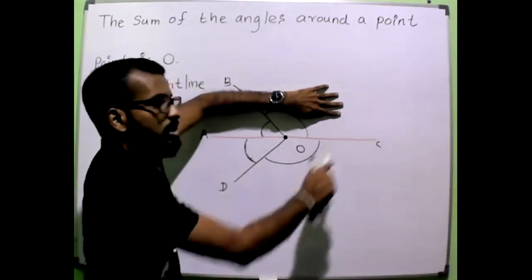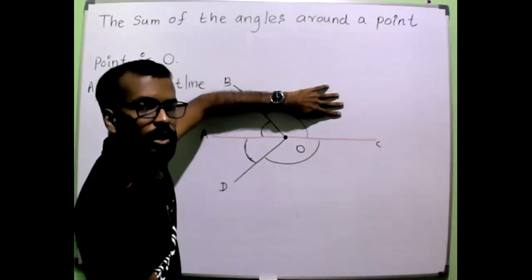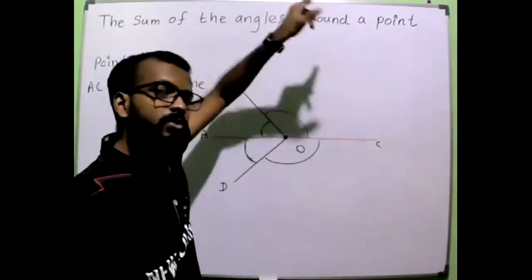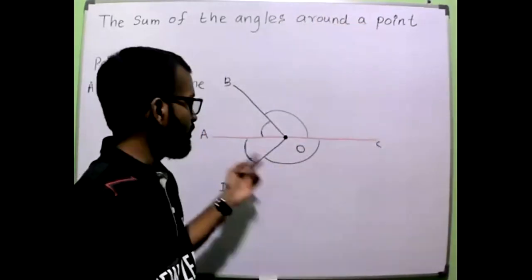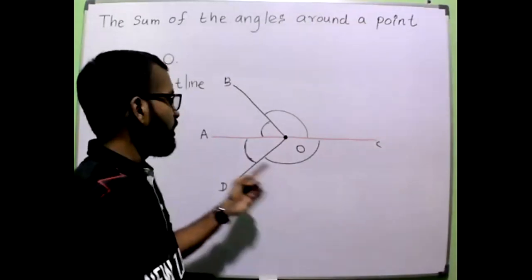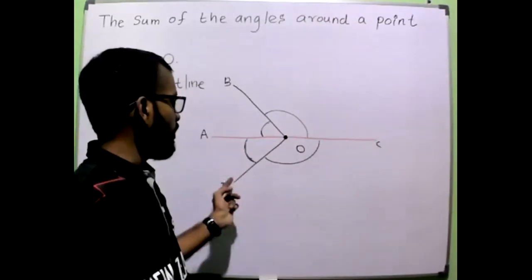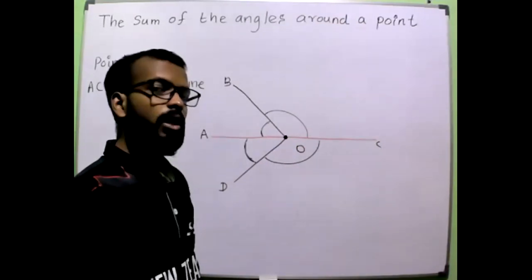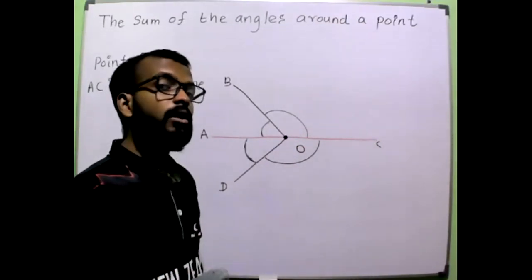AOD and DOC are adjacent angles. In the previous week we discussed that if you have a straight line and add AOD and DOC, the summation should be 180 degrees.